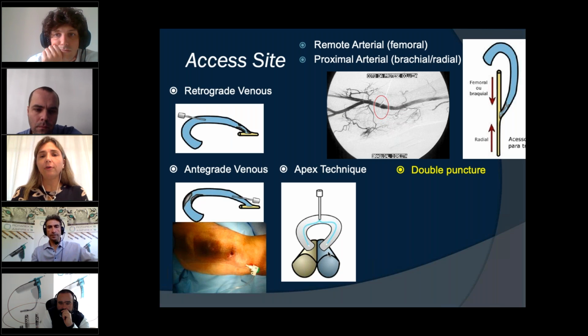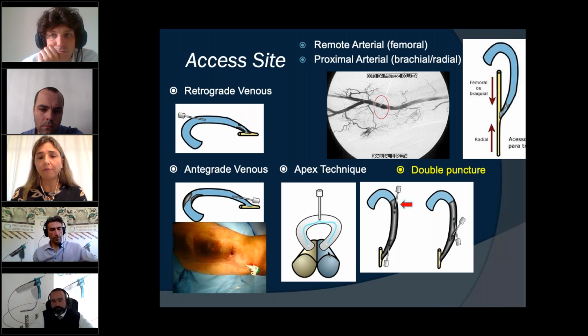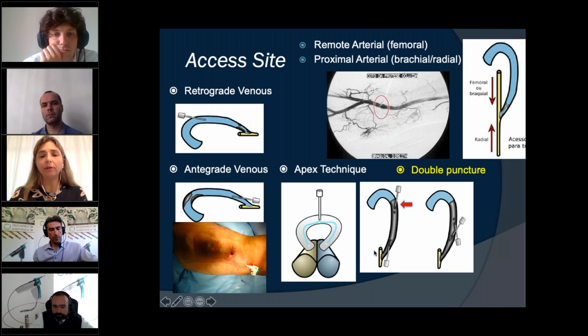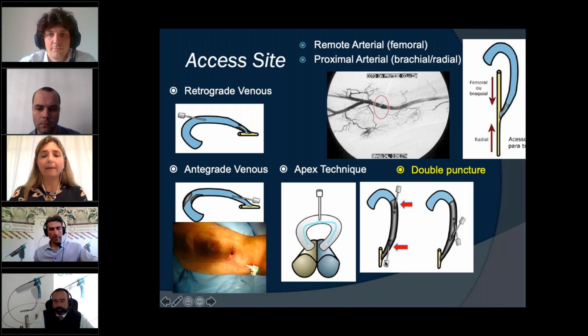We prefer the double puncture technique for occluded fistulas or grafts. First, you get the retrograde venous puncture as far as possible from the arterial anastomosis to get access to the proximal site, and then an antegrade venous puncture as close as possible to the arterial anastomosis to get access to the outflow of the fistula.